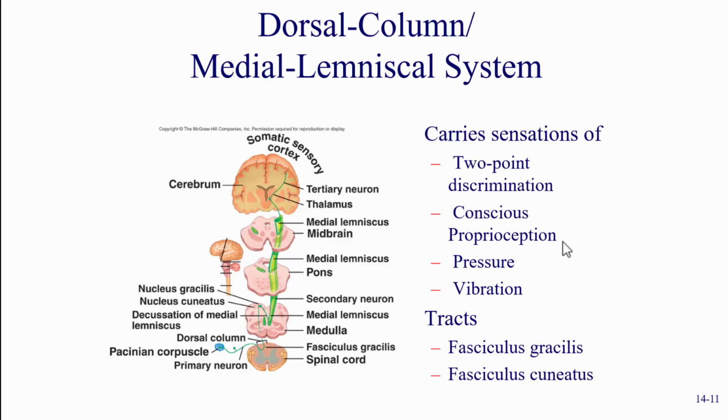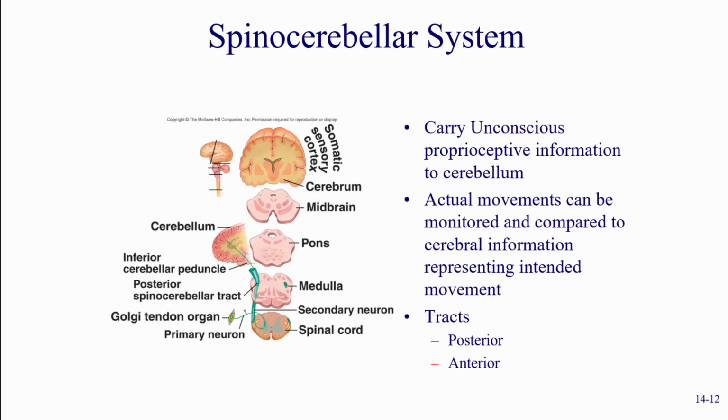Conscious proprioception, okay, I want to touch my forehead. I reach up, I touch my forehead. Unconscious proprioception would be, for instance, like walking. You don't have to think about putting one foot in front of the other. Instead, you just do it without thinking. You do it automatically. That would be unconscious proprioception.